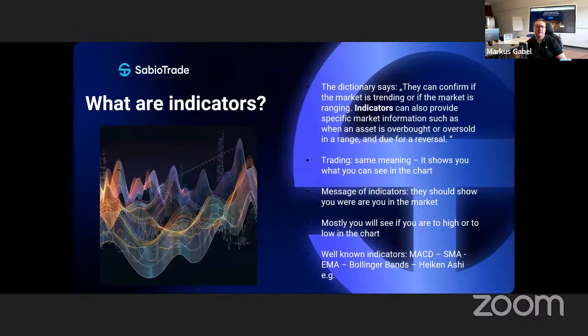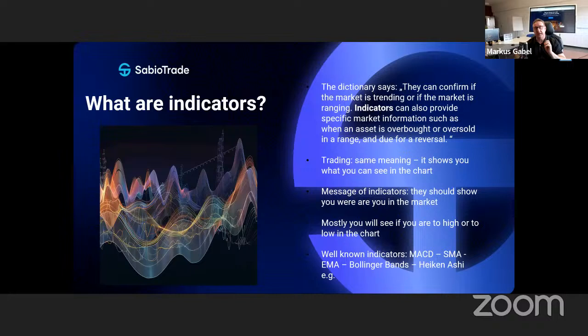So every indicator is calculated on one fact, the price or the volume. And this is already a fact you can see in the chart without the indicator also. But it will never show you the truth. It always shows you what happens right now.